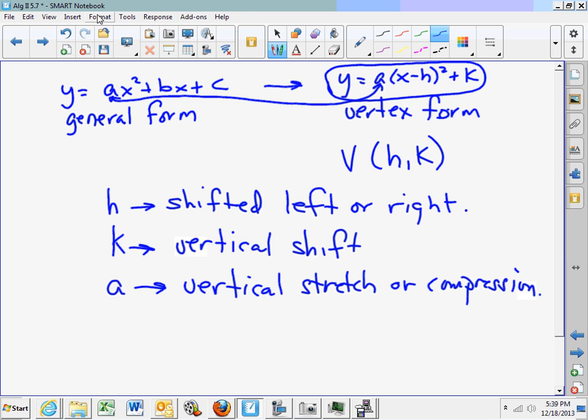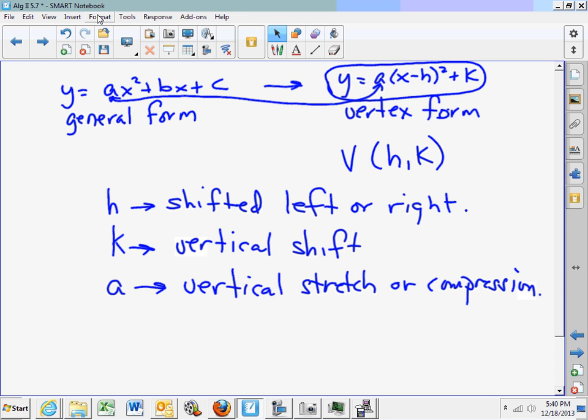Now, if you have an equation in general form, there are two different ways to translate the equation into vertex form. One method is to complete the square, and the other method is to use the formula h is equal to negative b over 2a.